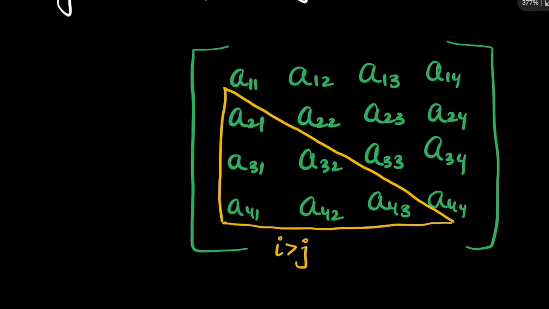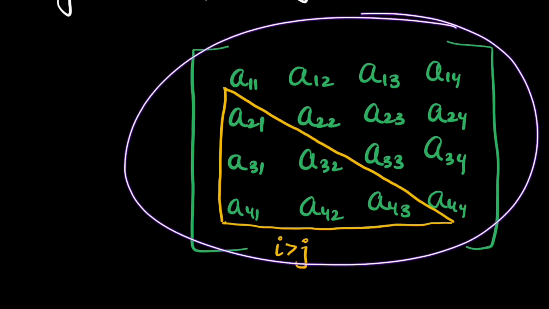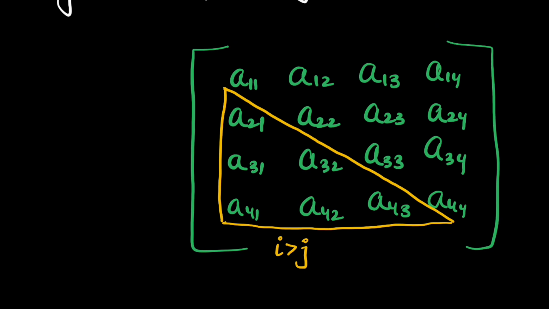Suppose we have this as the generalized matrix with in general elements defined in it. Now if you observe, we are writing the indexes Aij. Now I am saying that Aij will be 0 if i is greater than j.